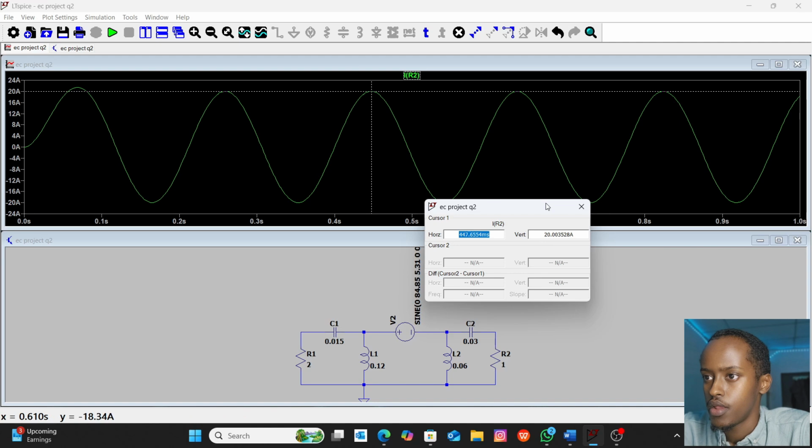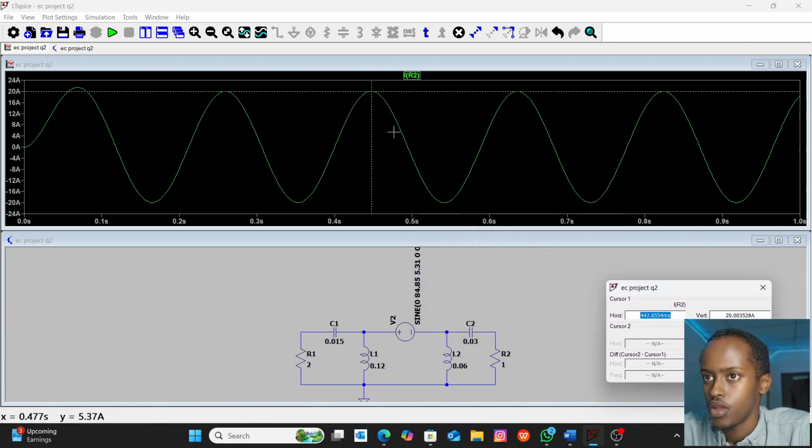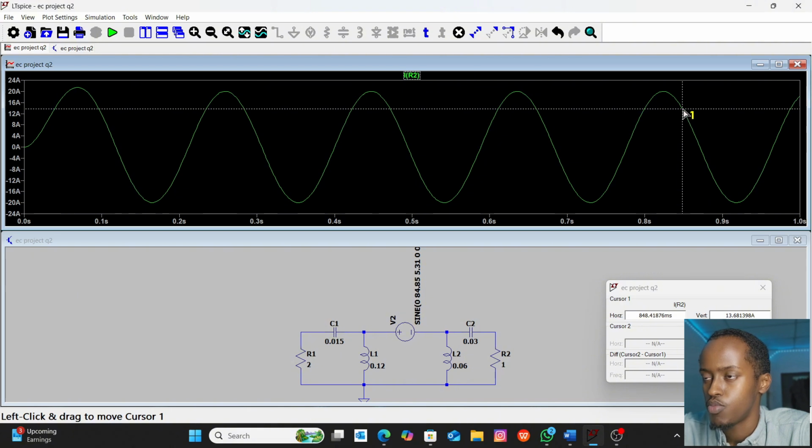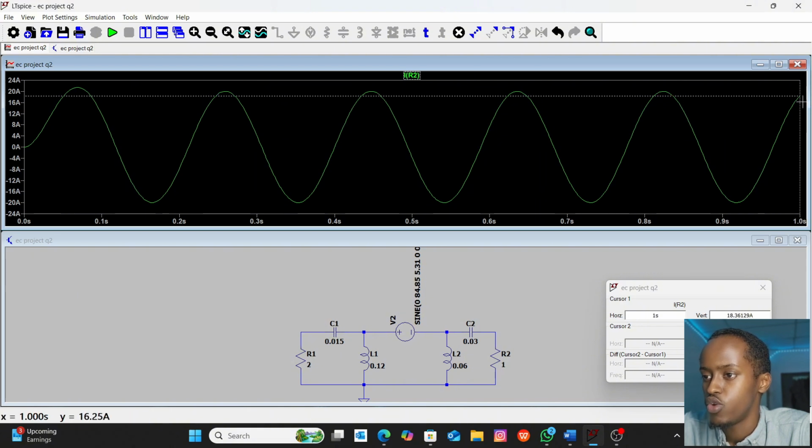And as we mentioned in the report, if we calculate Io, the given current, it is 20 times sine 33.33t, and t equal to 1.